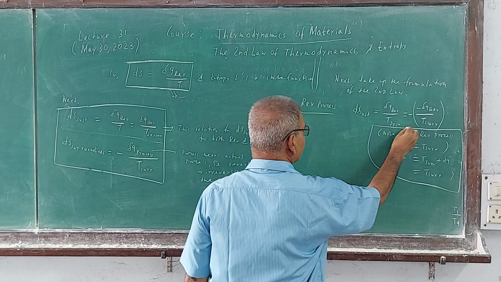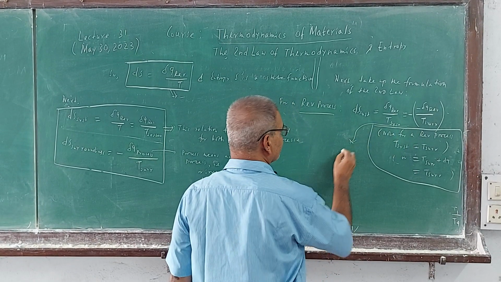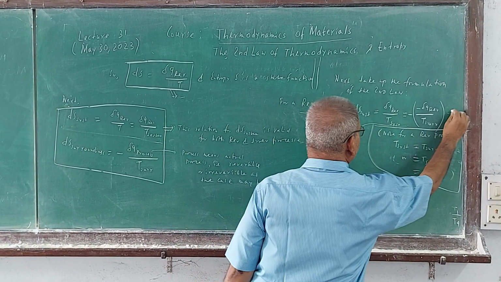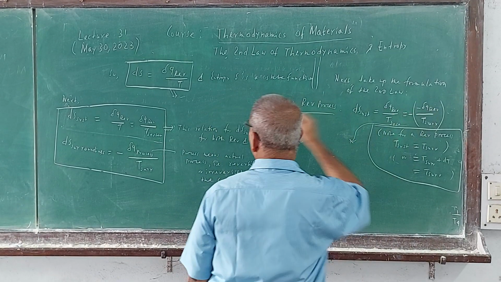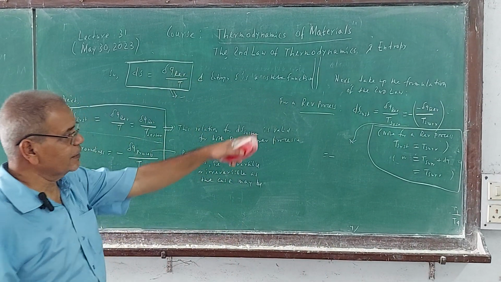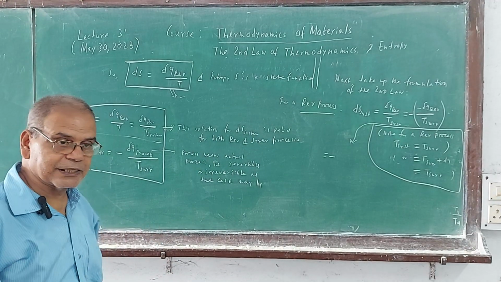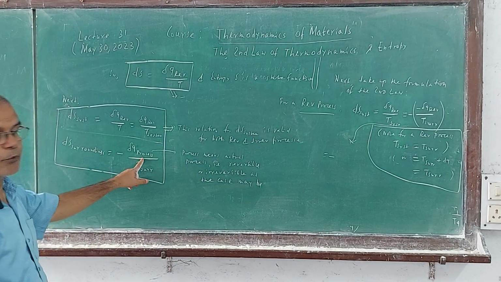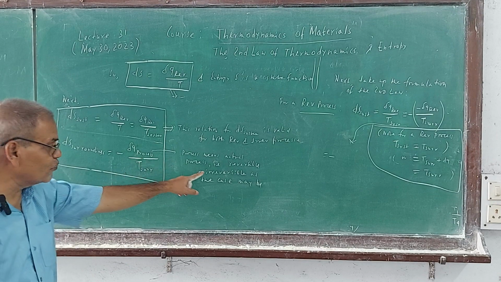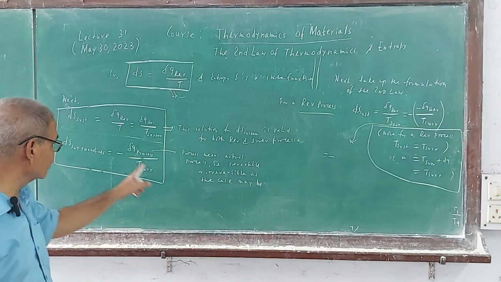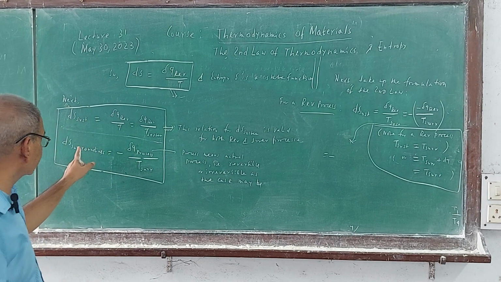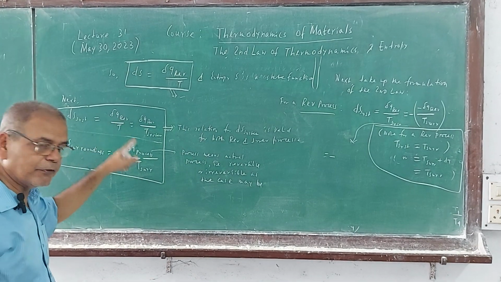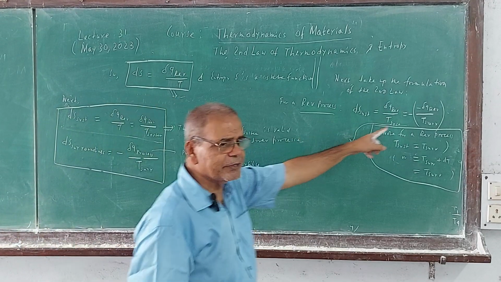Then from here, continue. Here you write minus dq reversible by T surrounding. See, the actual process is reversible this time, since we are considering a reversible process. So dS surrounding is minus dq reversible by T surrounding, exactly what I have written there.